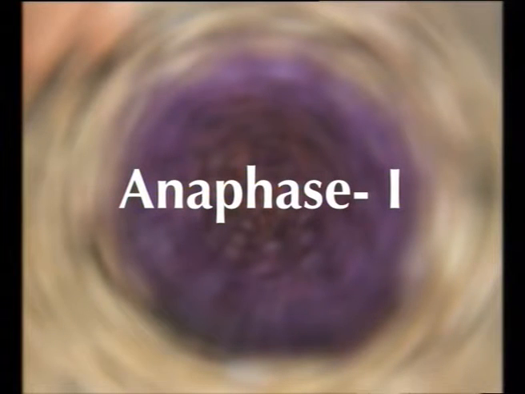Now, anaphase I. Kinetochore microtubules shorten, severing the recombination nodules and pulling homologous chromosomes apart. Since each chromosome has only one functional unit of a pair of kinetochores, whole chromosomes are pulled toward opposing poles, forming two haploid sets.